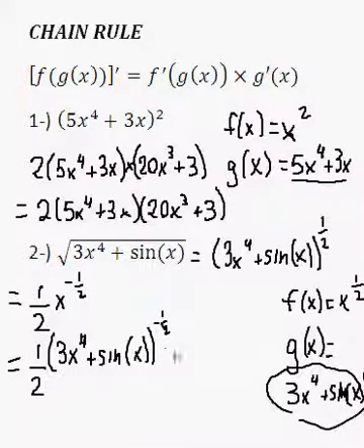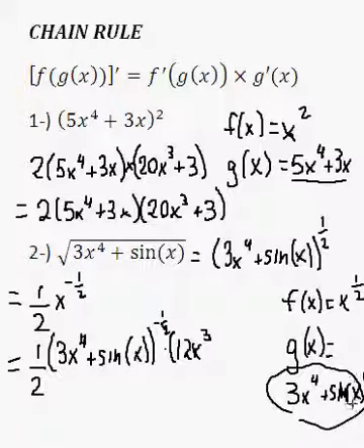Now I'm going to actually multiply this by the derivative of g of x, which would be a little bit simpler. Of course, the derivative of 3x to the 4 is 12x cubed. If that doesn't make sense to you, please review the power rule, which is not too bad.